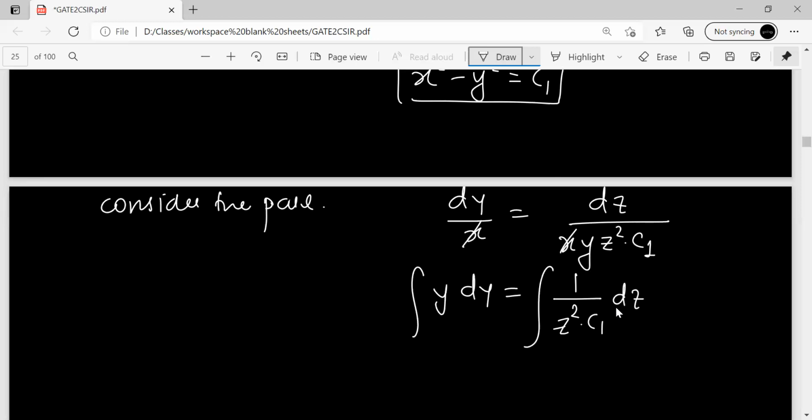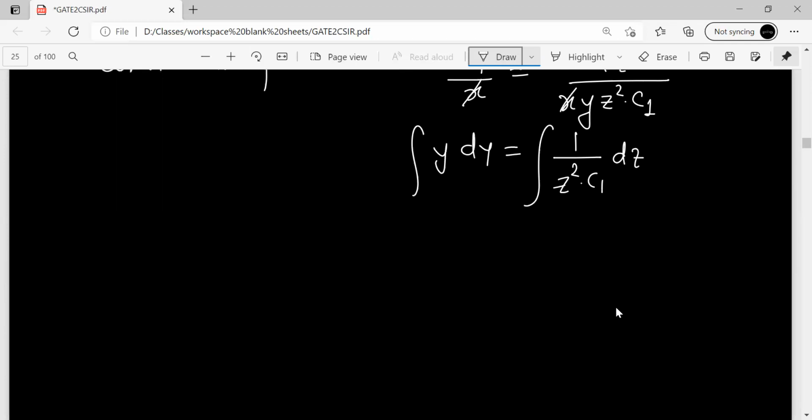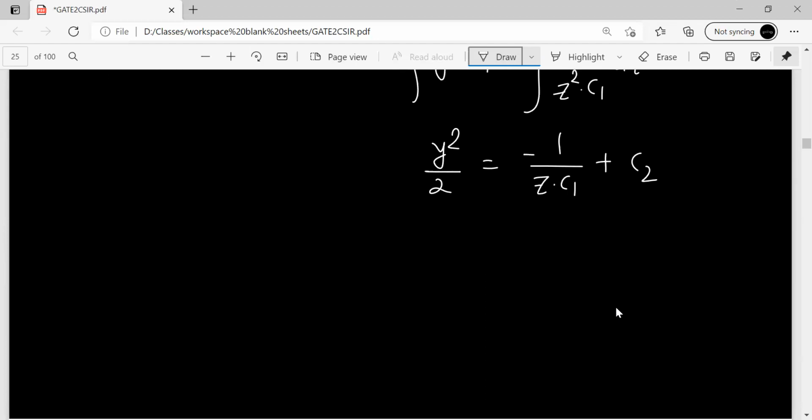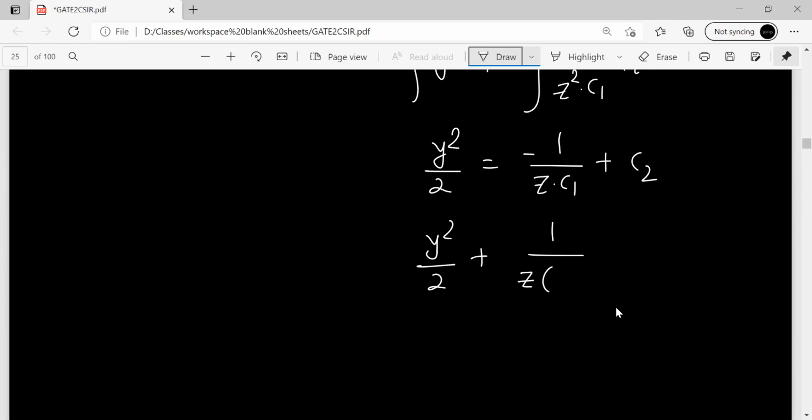And now simply integrate it. So it will be y square over 2 equal to minus 1 upon z c1 plus c2. Simply now substitute, so it will be y square over 2 plus 1 upon z, and c1 was y square minus x square, equal to c2.